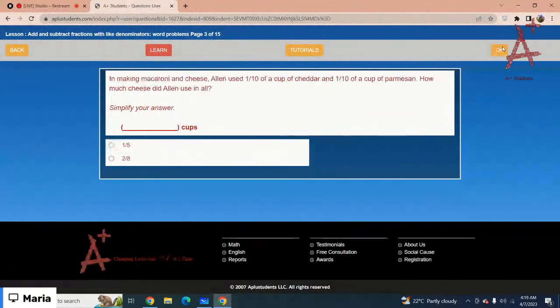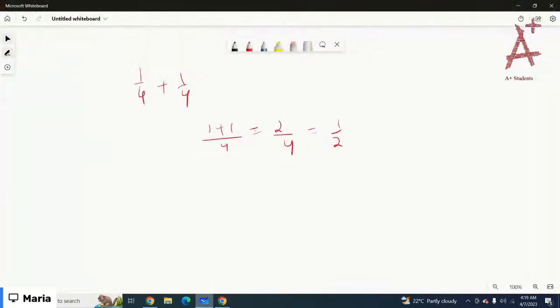Okay, the next one is, in making macaroni and cheese, Alan used 1/10 of a cup of cheddar and 1/10 of a cup of parmesan. How much cheese did Alan use in all? So you have to add 1/10 and 1/10. Got it? So they have the like denominator.